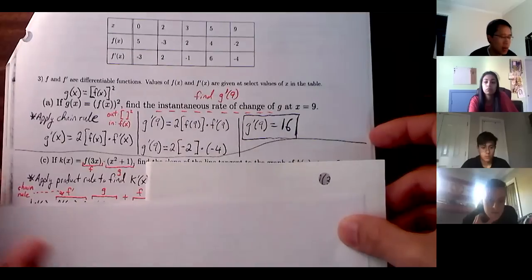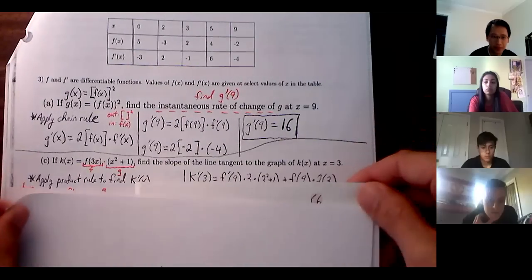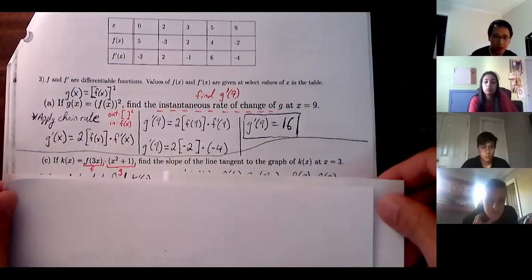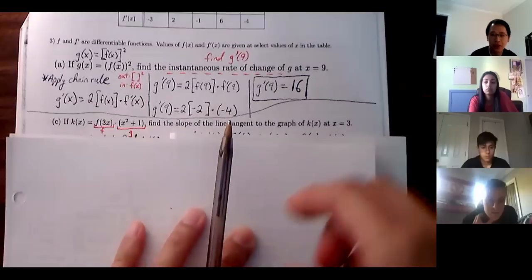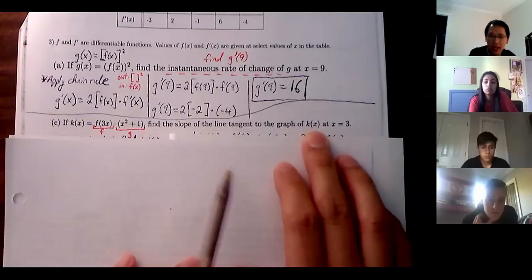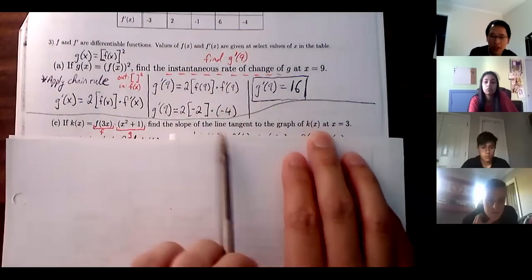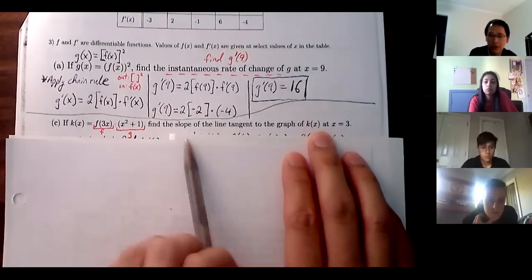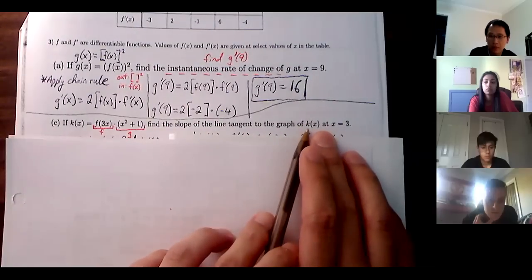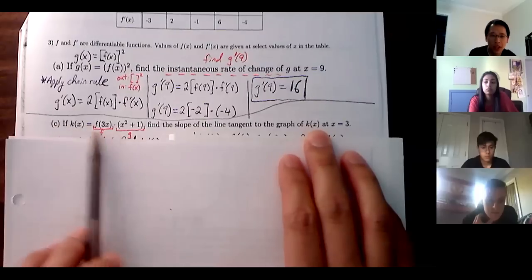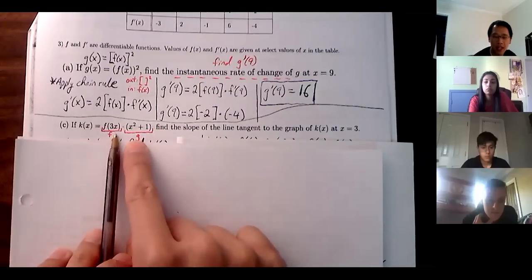All right. Next part here. Find the slope of the line tangent to the graph of k at x equals 3. If I want to find the slope of the line tangent, I need to find the derivative, so I need to find k prime. To find k prime, we need to recognize this as product rule, right?